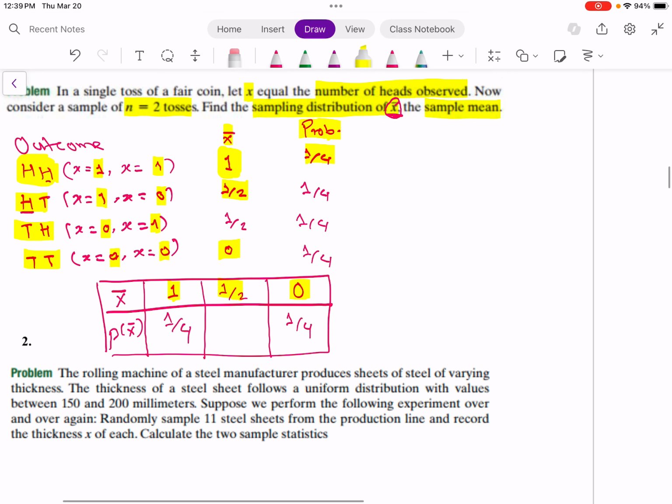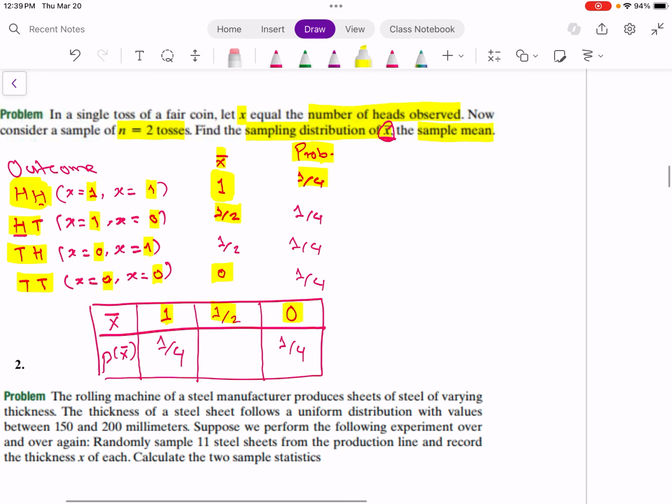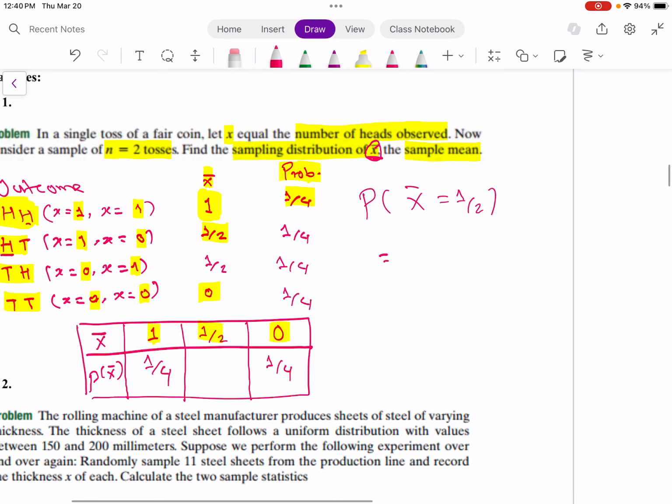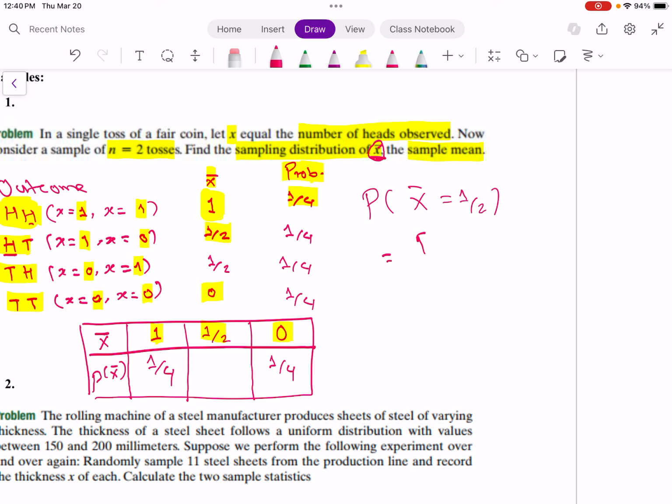It's 1/2. Now how do we know that it's 1/2? We are trying to find the probability that x bar takes a value 1/2. What are the outcomes here that have x bar 1/2? Head, tail, or tail, head.